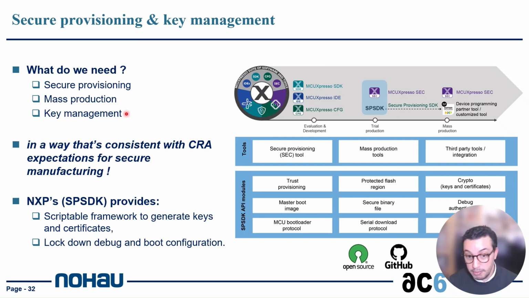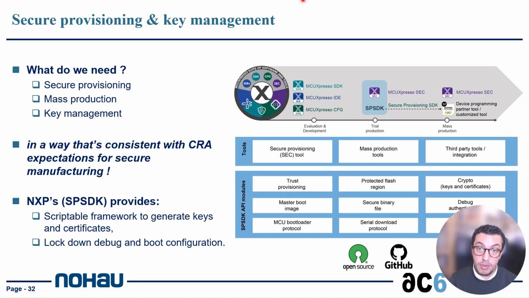This is where I'm showing, as an example, the NXP SPSDK that will help a lot, because it gives us a Python scriptable framework that we can use to generate and manage keys and certificates. There is trust provisioning. You can see here tools, secure provisioning, mass production tools, and third-party tools integration. We can integrate that with other services, AWS if you want, and others that we can include here.